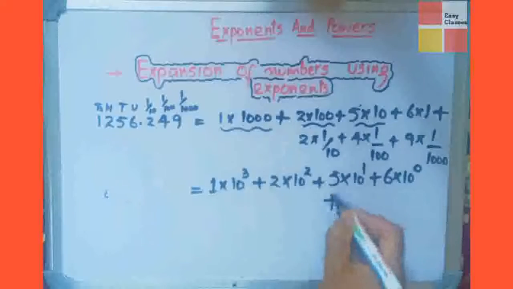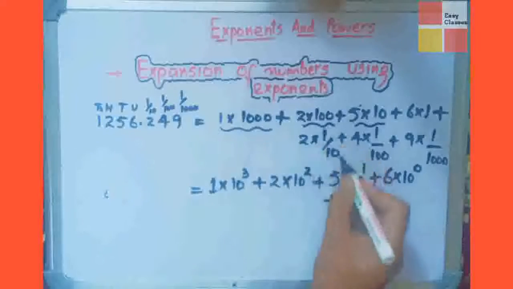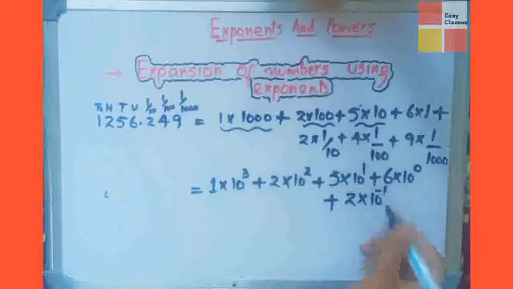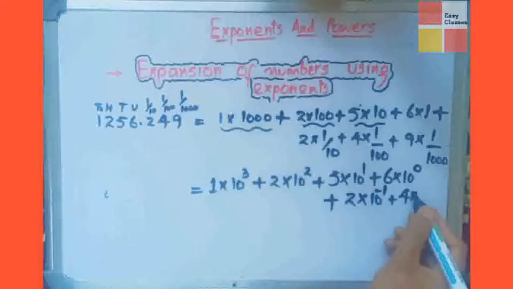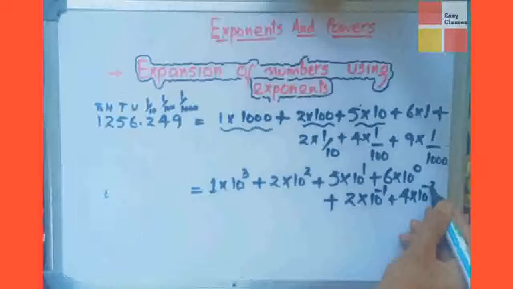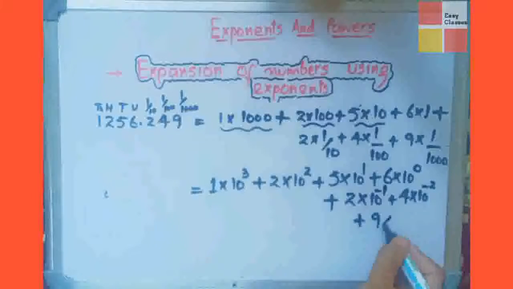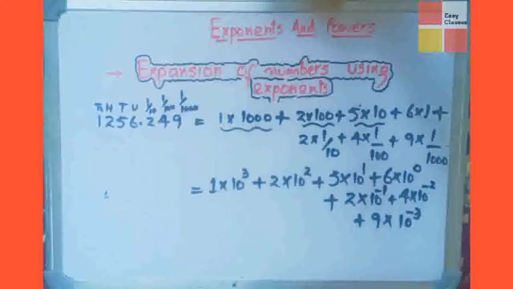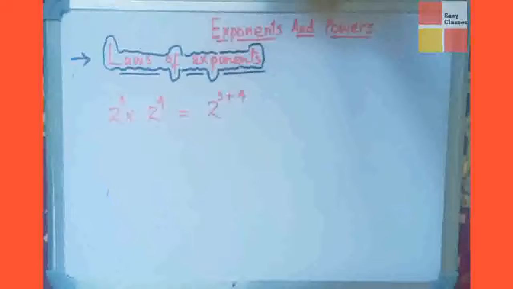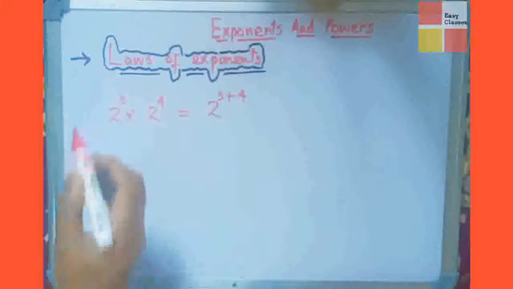Then plus 2 into 1 divided by 10, which is equal to 10 raised to power minus 1, plus 4 into 10 raised to power minus 2 plus 9 into 10 raised to power minus 3. Okay, this is how we can expand any given number using exponents. Okay, let's talk about the first law of exponents.